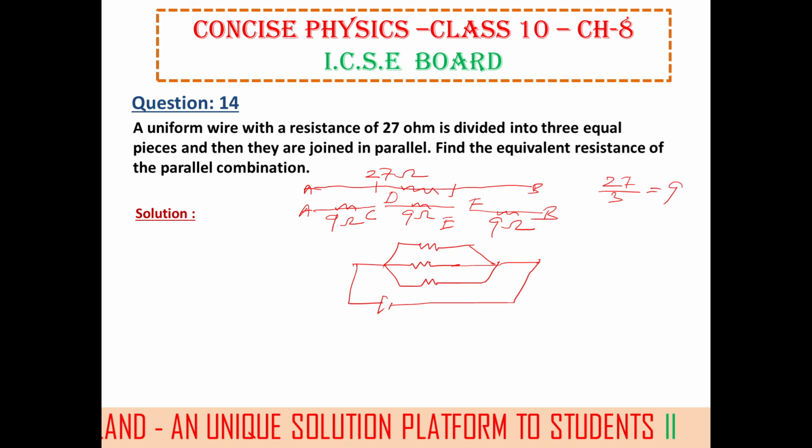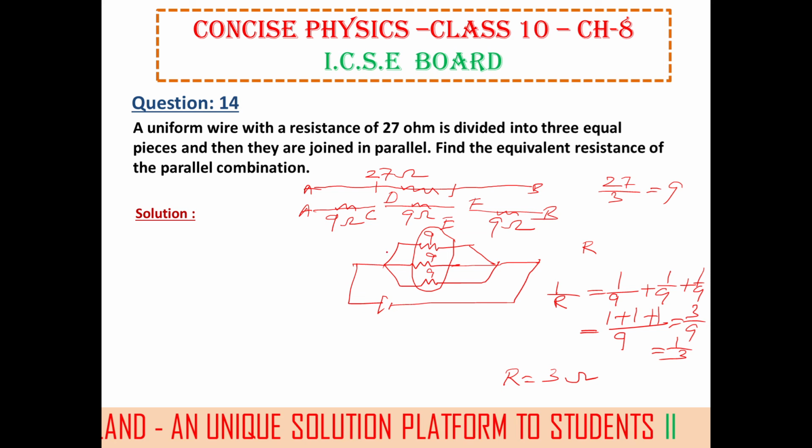So now this is 9 ohm, this is 9 ohm, this is 9 ohm. As they are in parallel, if the equivalent resistance of these three is R, we can write 1 by R equal to 1 by 9 plus 1 by 9 plus 1 by 9. On simplification, LCM is 9, so here it is 1 plus 1 plus 1, so 3 by 9, finally 1 by 3, so R will be 3 ohm.